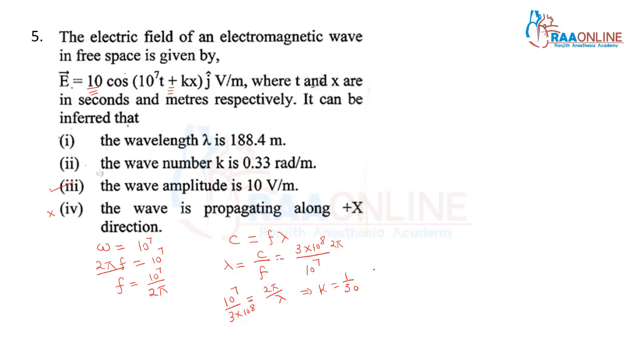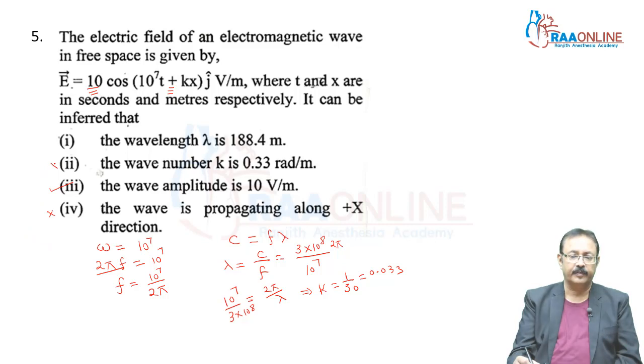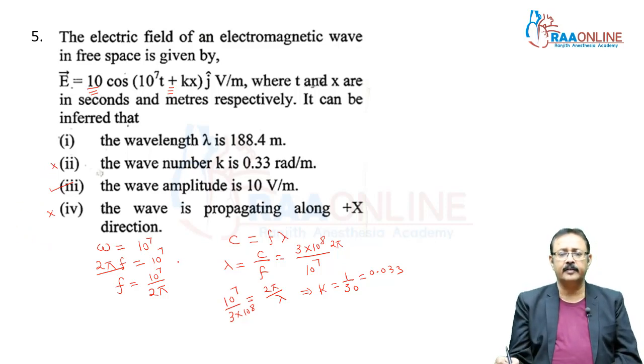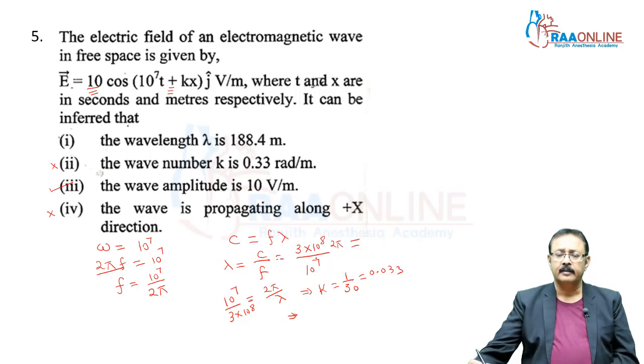K we are getting 1 by 30. 1 by 3 is 0.33, so it is 0.033. So this option is also wrong. Wavelength we can calculate from this. What is wavelength? Wavelength we are getting from here, you can calculate wavelength. 3 into 10 into 2 pi. 2 pi means 6.28.